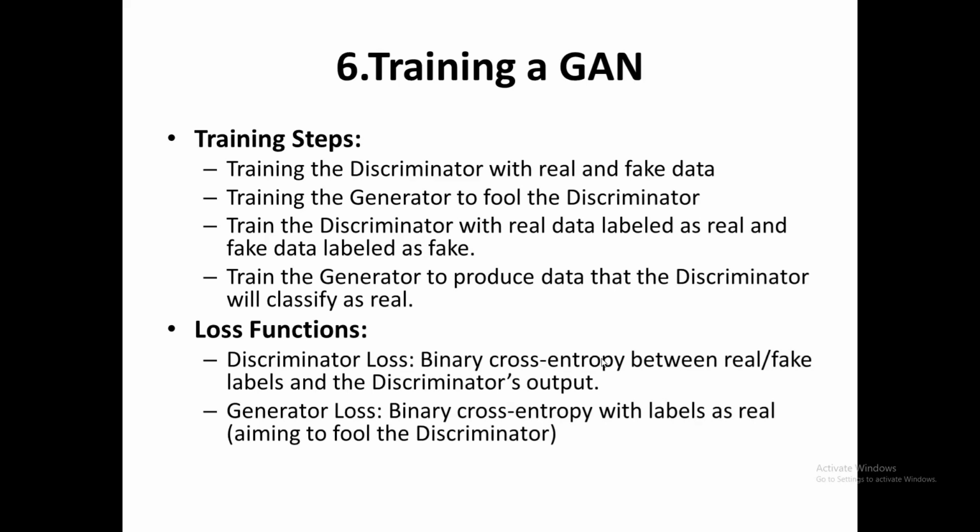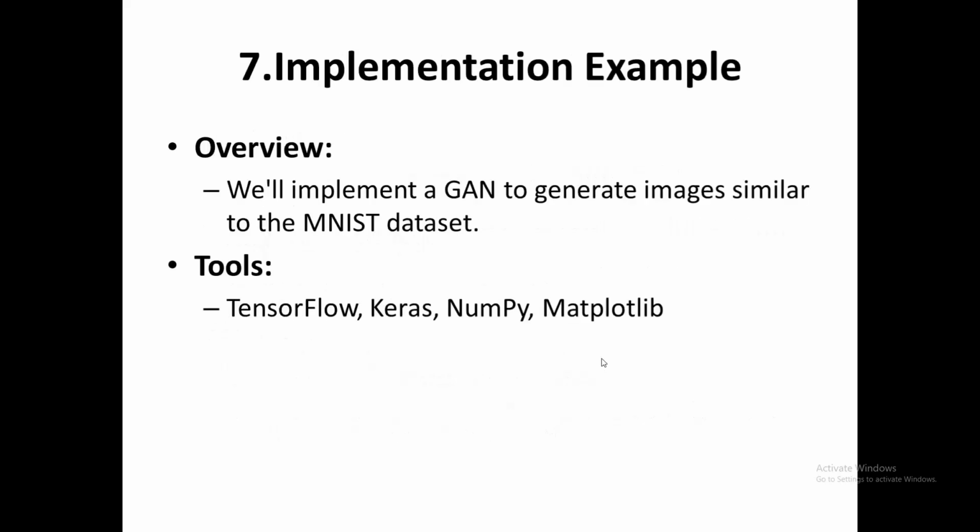If it is real, it means real; fake means fake. Train the generator to produce the data that the discriminator will classify as real. Then the loss function: there is binary cross entropy between the real and fake labels and the discriminator's output. So here we are using the binary cross entropy function.